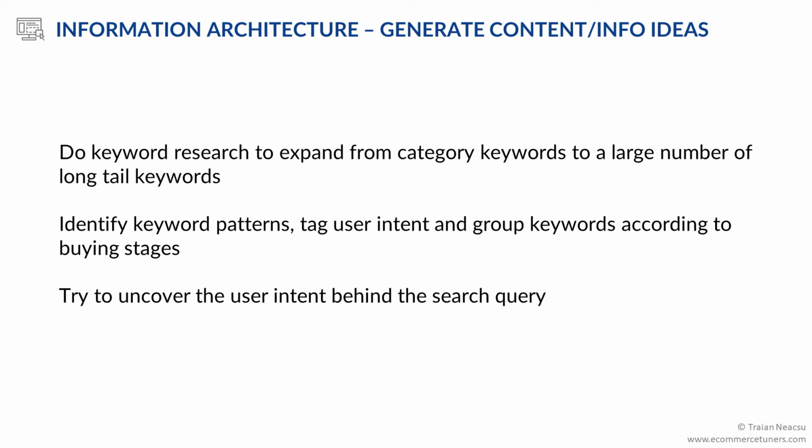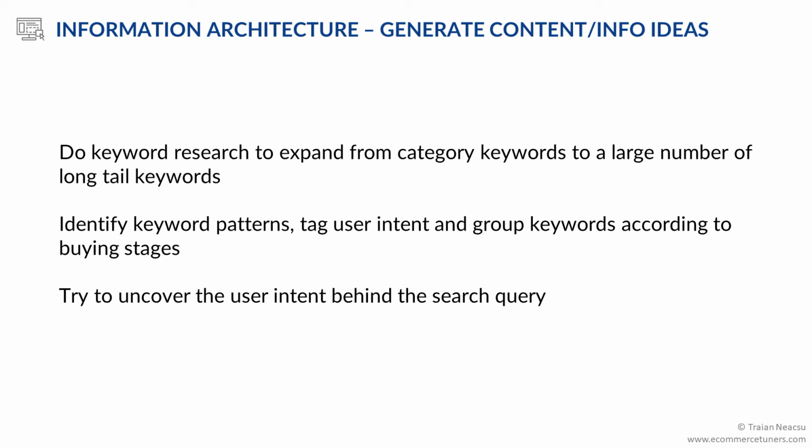It's widely known that keyword research can help with generating content ideas. Keyword research also enables you to expand from a relatively narrow set of keywords to a large number of long-tail keywords. These long-tail keywords can then be used to generate content ideas or to identify product attributes or features and to improve product descriptions.